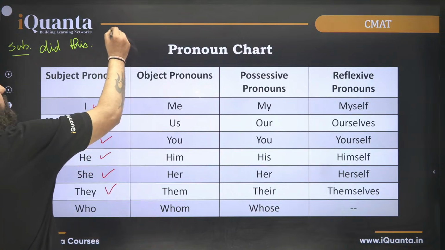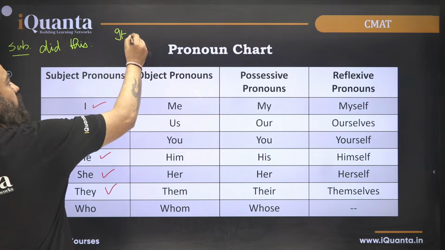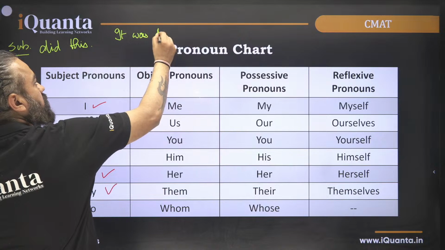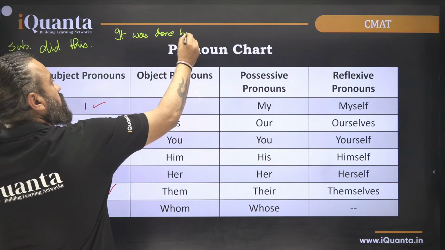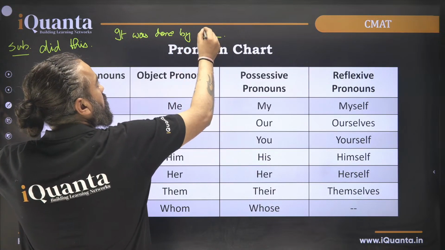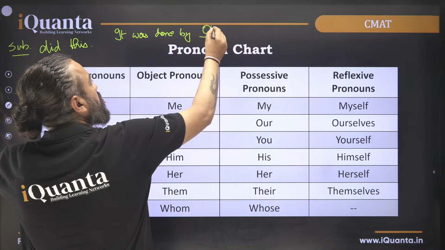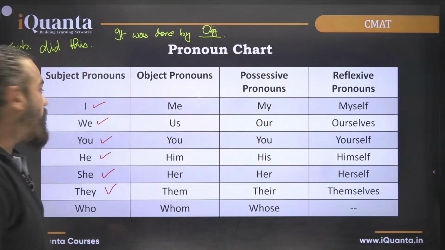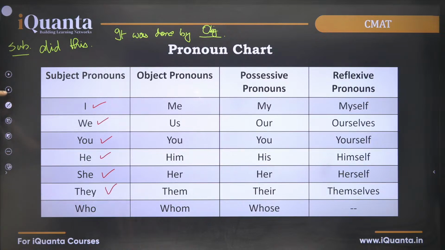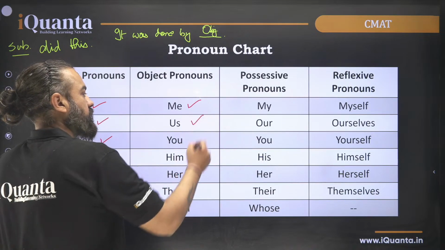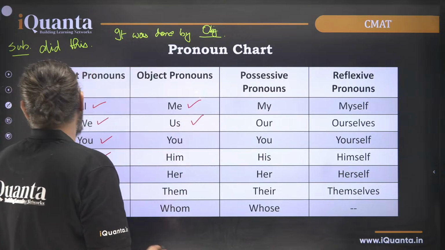Next, if I say it was done by dash, object. What can I say? It was done by I, it was done by my, it was done by me. Clearly, it was done by me. For plural, it was done by us.